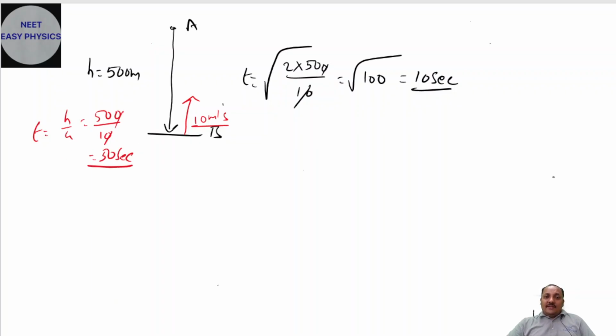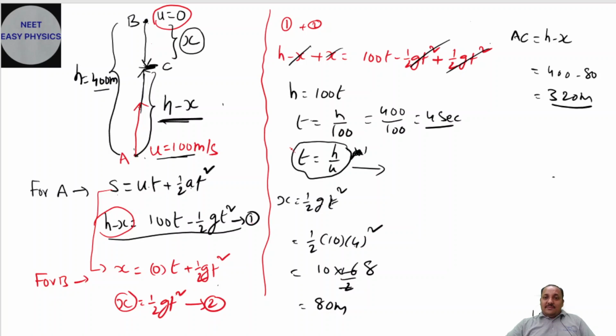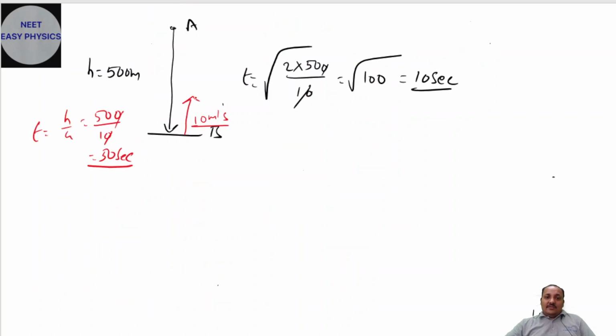Now you see, after 50 seconds, according to this formula, the dropped object comes within 10 seconds, it is at ground. Therefore, after 50 seconds, where is it? If you are waiting, within 10 seconds it has reached ground, and you are waiting till 50 seconds, it is meaningless. After 50 seconds, both the objects will meet in the air.